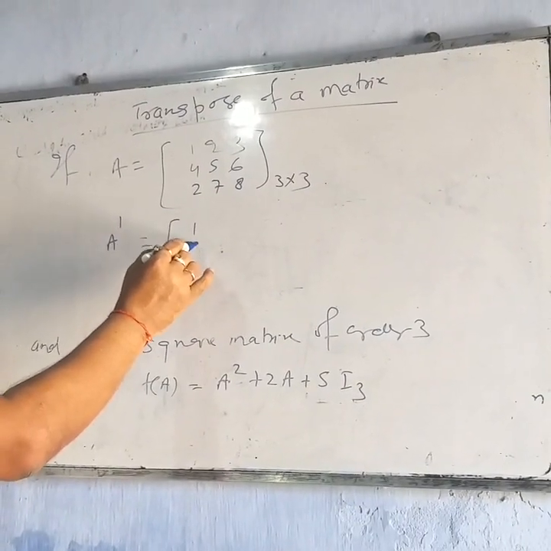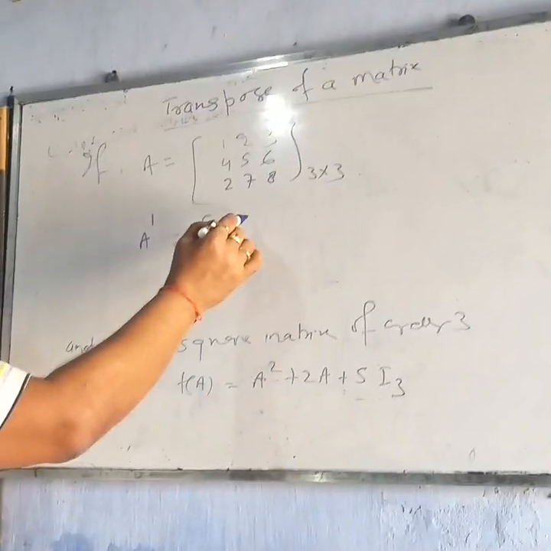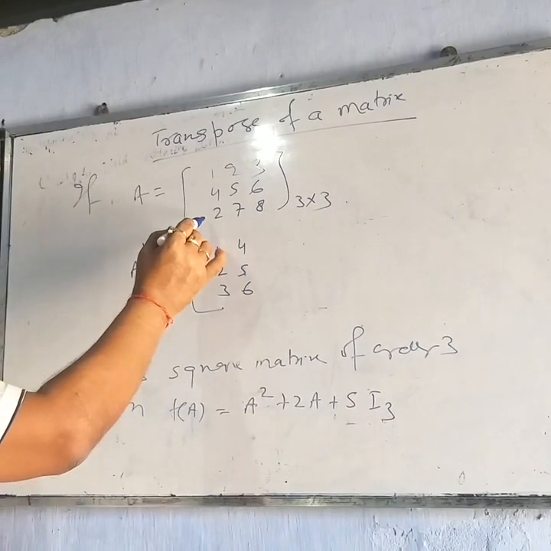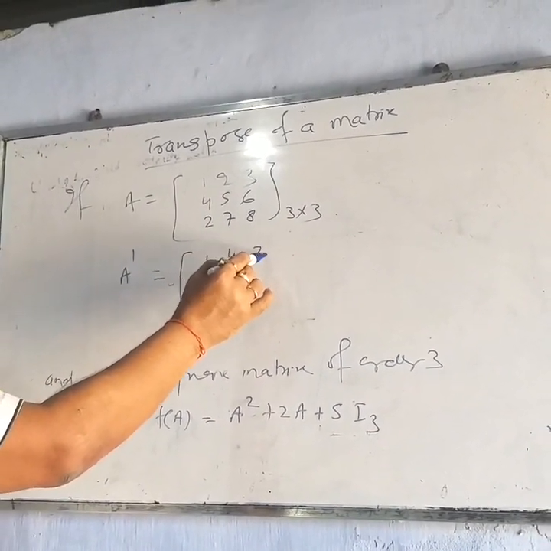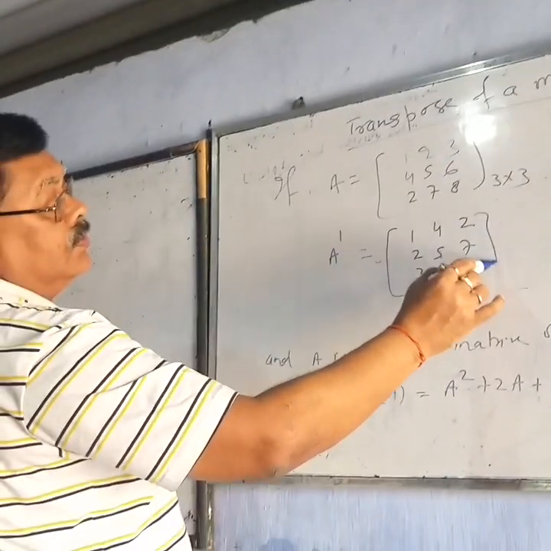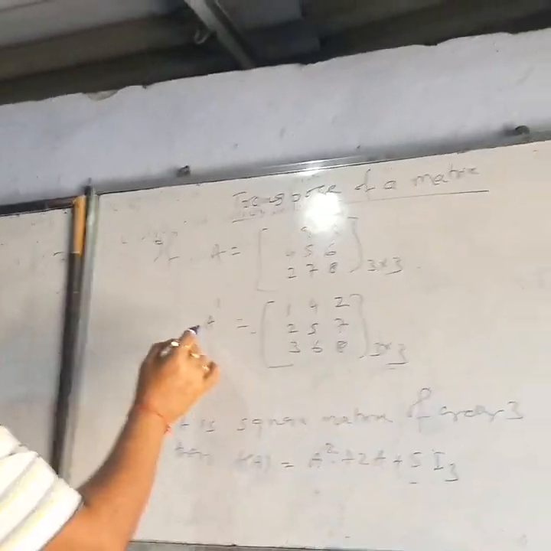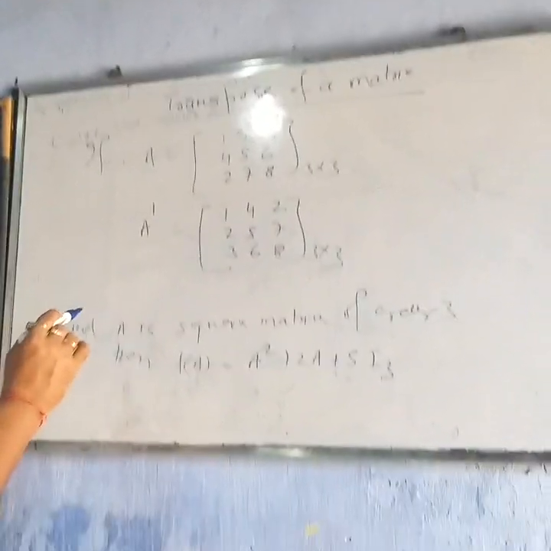First row converted into first column, second row converted into second column, and third row converted into third column. So this is the transpose of a matrix A.